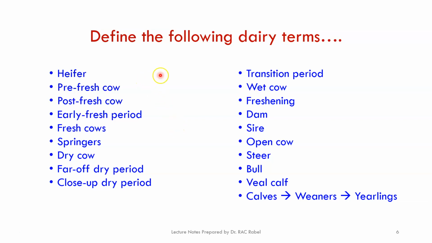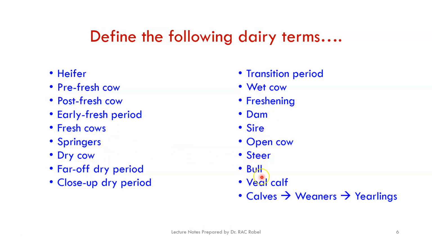I would have mentioned most of these terms as we went on, but you should know them. If you don't know these terms, look them up. What is meant by a pre-fresh cow? What is a post-fresh cow? What do you mean by the early fresh period? What is freshening? What are springer cows?